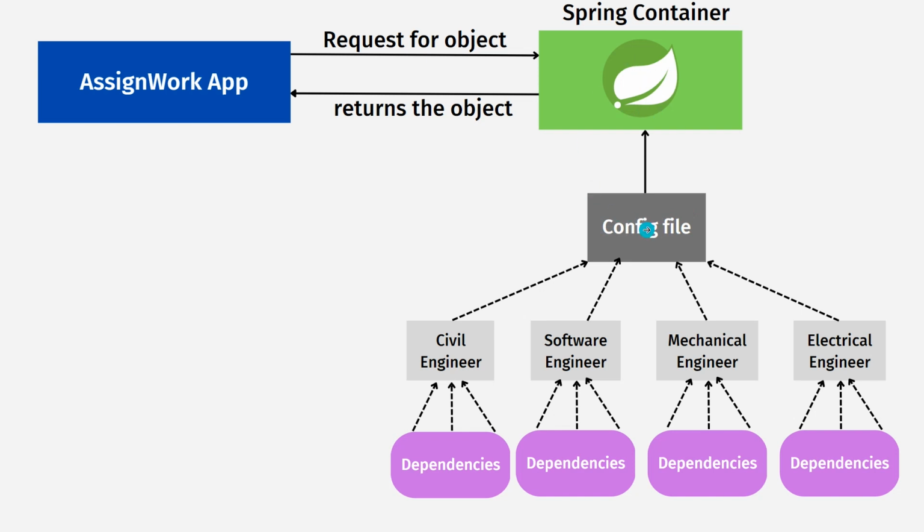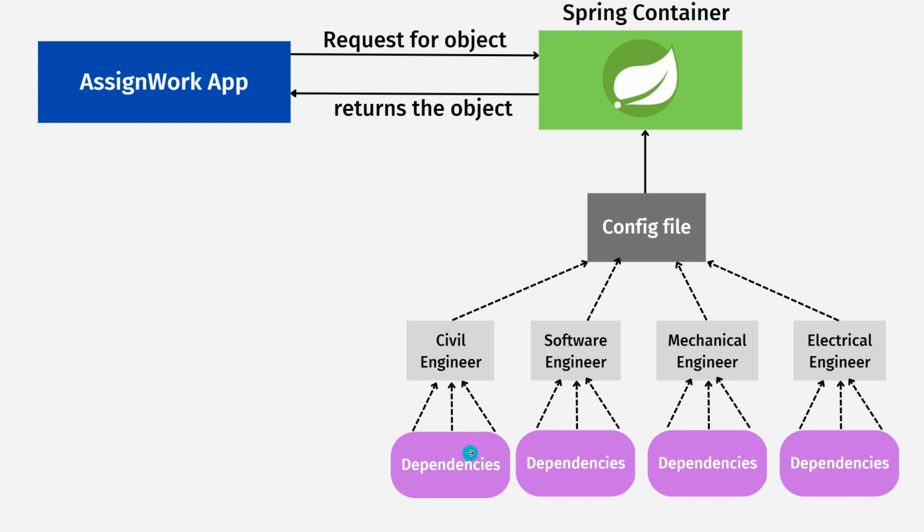In the last video we learned how we can give configuration so that it gives us objects of different engineers. According to this configuration, we can configure the file so that it gives objects of these different engineers. Now the engineer class also has some dependencies, whereas earlier we had only a simple engineer class.